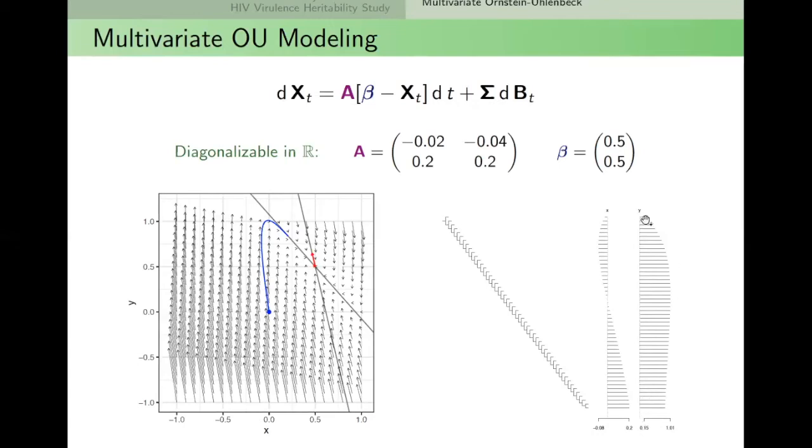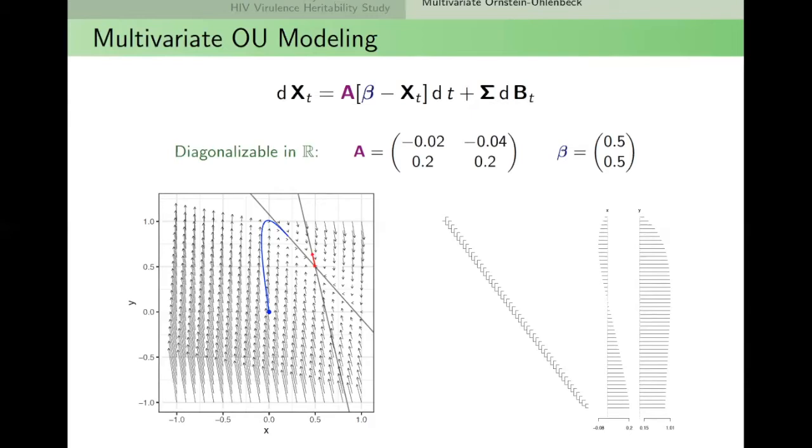And for Y, it goes very high above 1/2 and then tries to go back to 1/2. In general, you could have A diagonalizable in C with strictly positive real parts of the eigenvalues. Here you would start spinning around, but we are not going to consider this case here.